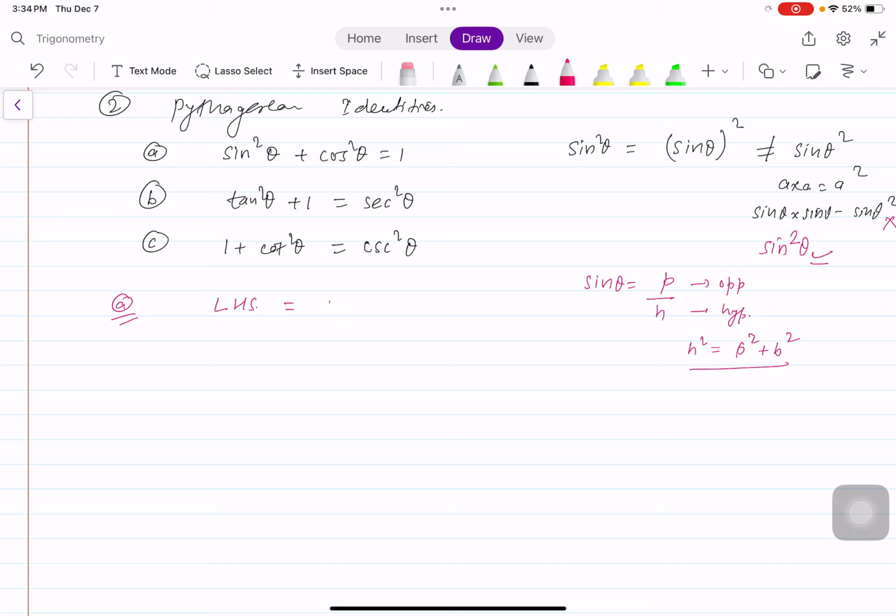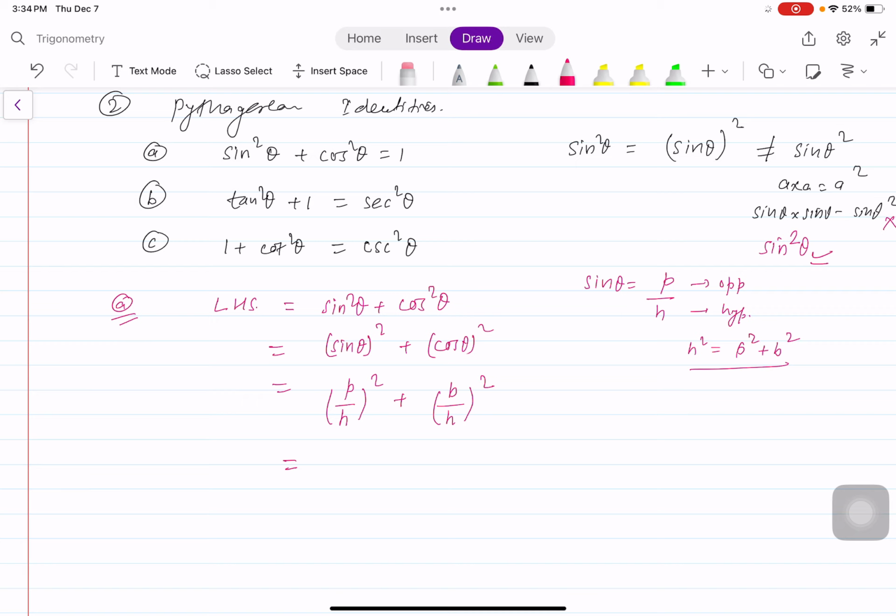So let's start with sine square theta plus cosine square theta. This is sine theta whole square plus cosine theta whole square. Sine theta is p over h, squared, and cosine theta is adjacent over hypotenuse, squared.